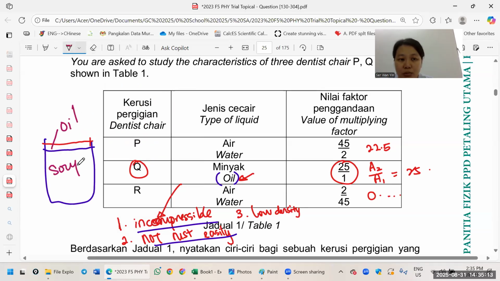Soup is water, so oil is less dense than soup. Low density, so it will be lighter or low mass. Then the multiplying factor would be A2 divided by A1. The bigger the better. Once you divide, you can see this one is 0 point something with one choke. So the answer is Q.